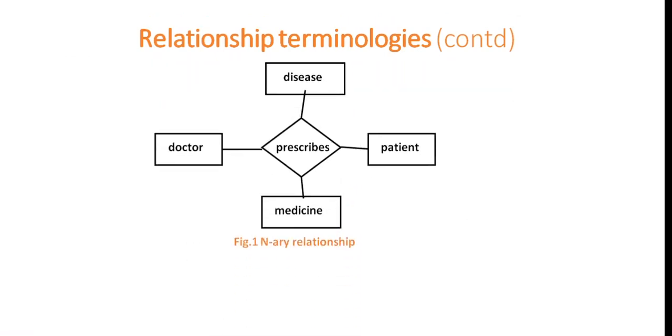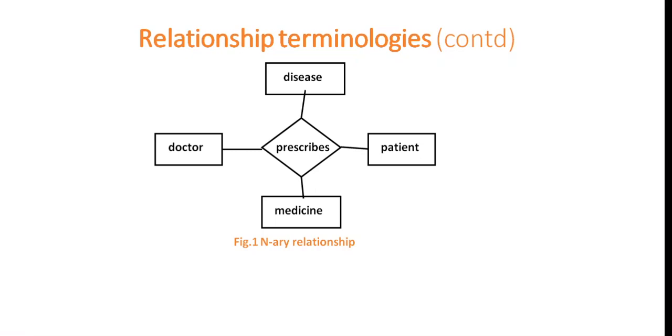Let's take one example for n-ary relationship. Here I have 4 entities: doctor, medicine, patient and disease, and all these 4 entities are associated with each other by using the prescribed relationship. See, doctor prescribes medicine to patient for some disease.